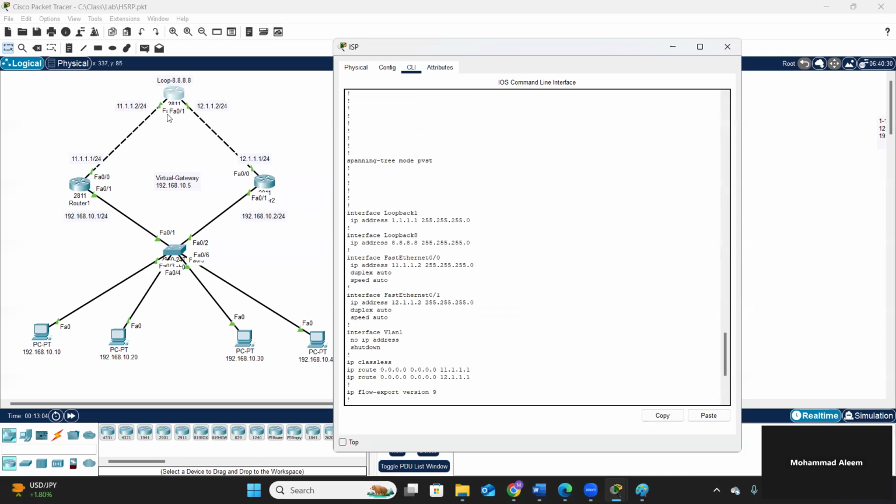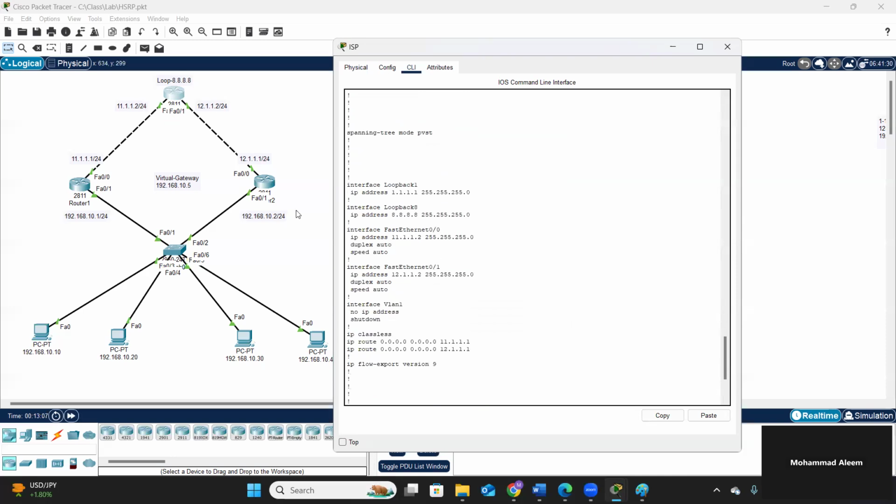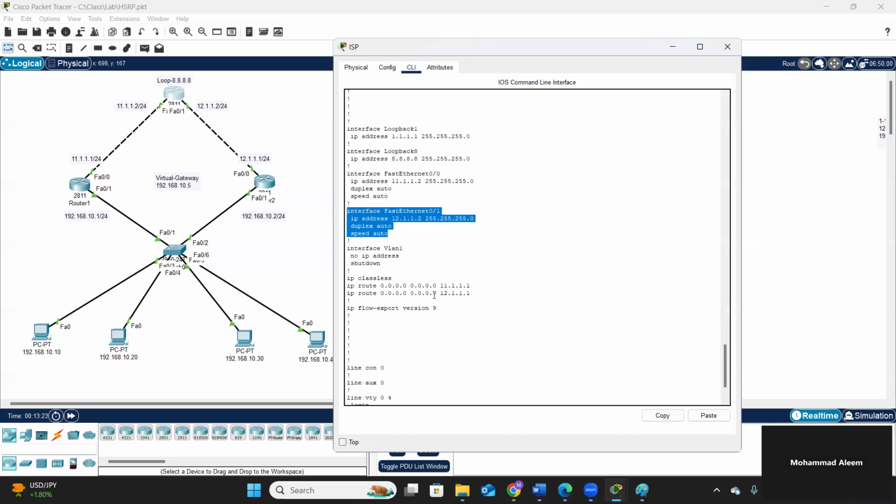As you know, I believe you know how to configure the FastEthernet 0/1 physical interface. This is a physical interface 0/0, and you can assume this is the connectivity through router one, and this is the connectivity through router two, FastEthernet 0/2.